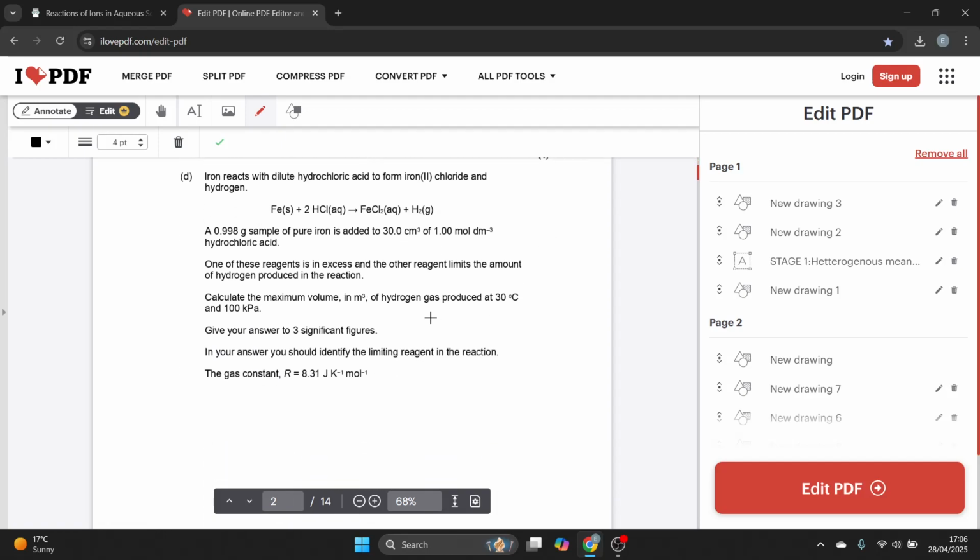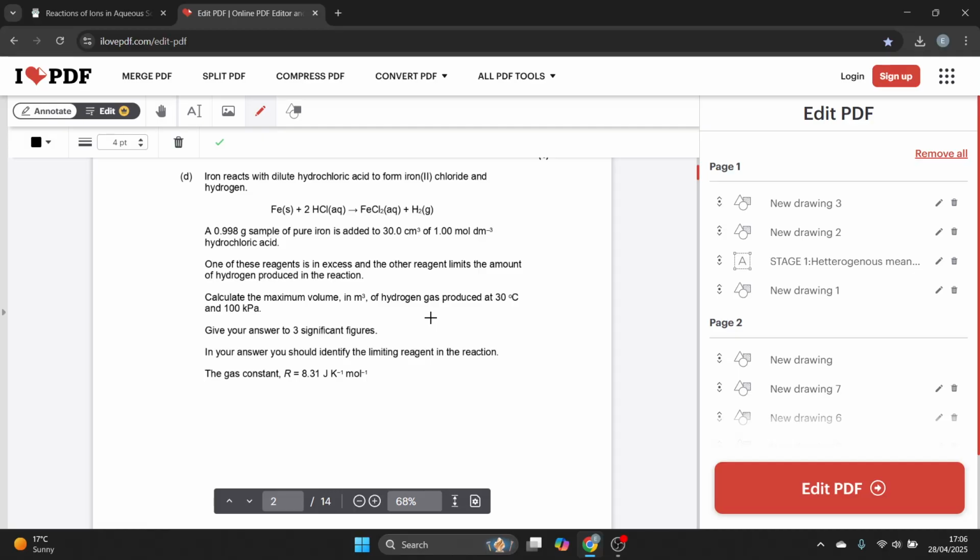Question d, iron reacts with dilute hydrochloric acid to form iron(II) chloride and hydrogen. A 0.998 gram sample of pure iron is added to this mixture of hydrochloric acid. One of these reagents is in excess, the other reagent limits the amount of hydrogen produced in the reaction.